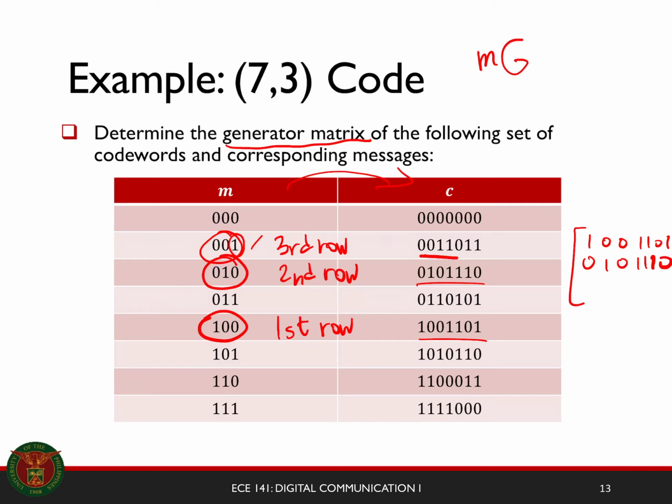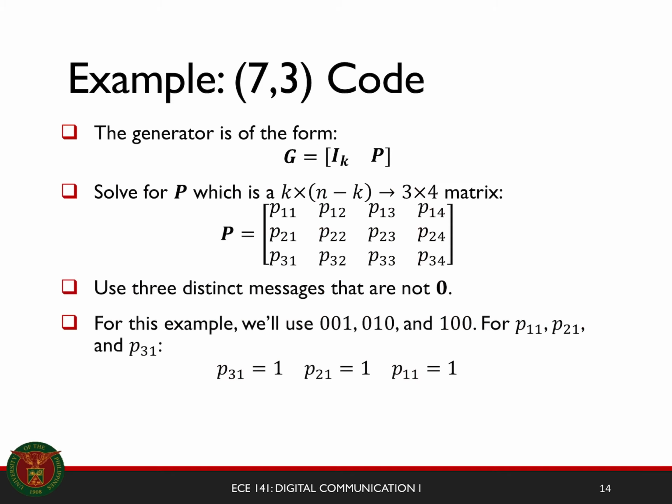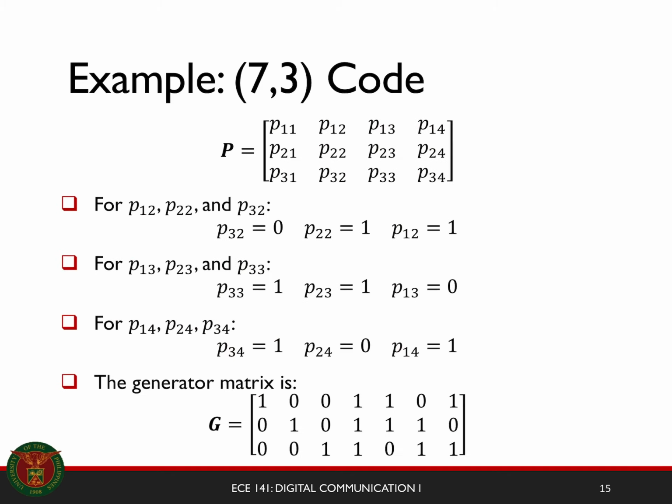And the third row is right here, 0 0 1 1 0 1 1. So is the code systematic? If we split it here, you'll see an identity matrix and some parity check matrix. Yes, so the code is systematic. So it's what we got earlier.